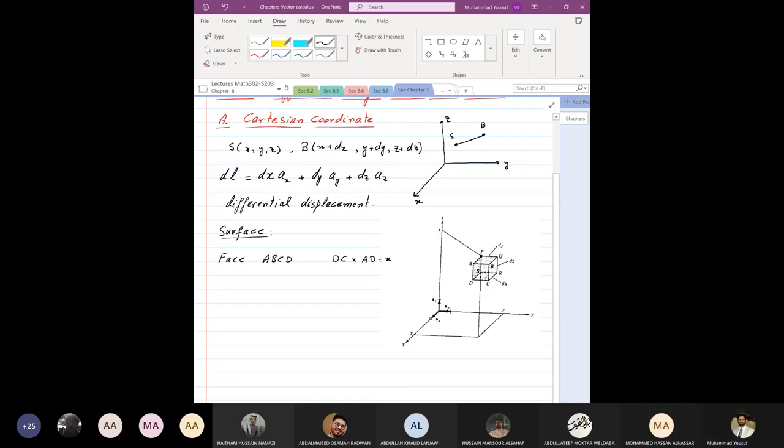Now when the size of this surface increases, then how much will be the change dS? The faces which have perpendicular in the x direction, like ABCD or PQRS, this face will increase. How much is the change in y and how much is the change in z?